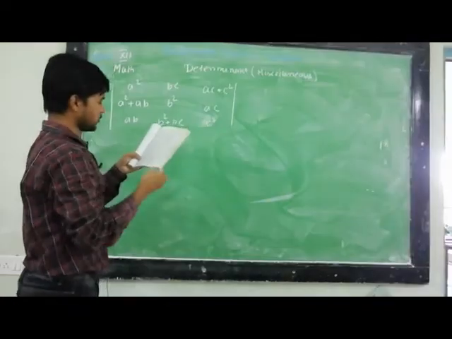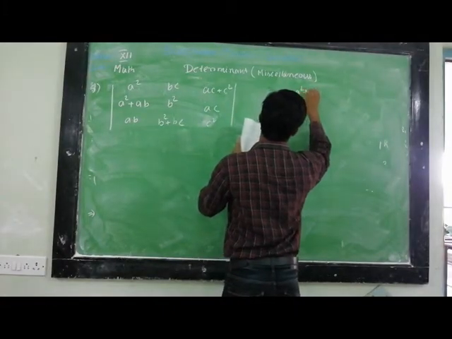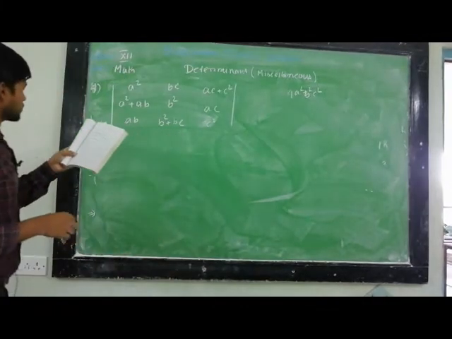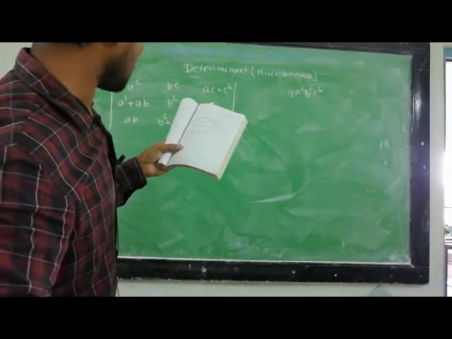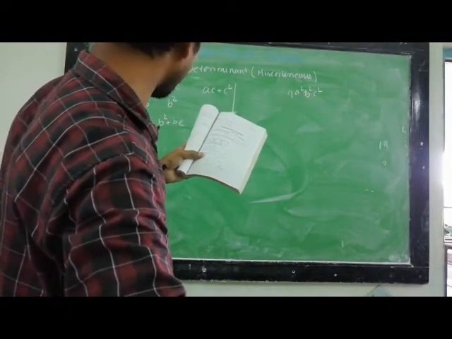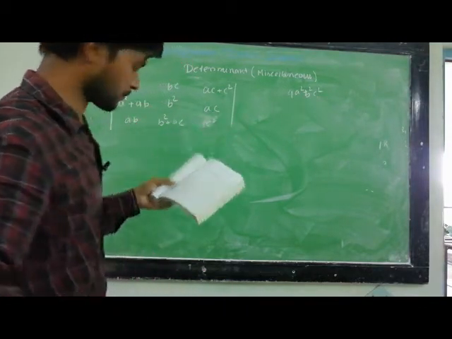We have to prove that the value of the determinant will be 4 into a square b square c square. Okay, so a square plus ab, bc, b square plus bc, ac, plus c square, ac and c square.